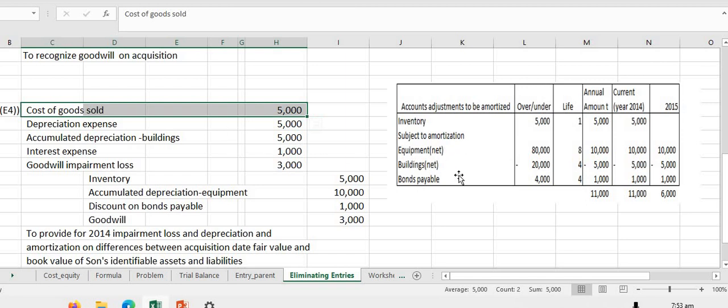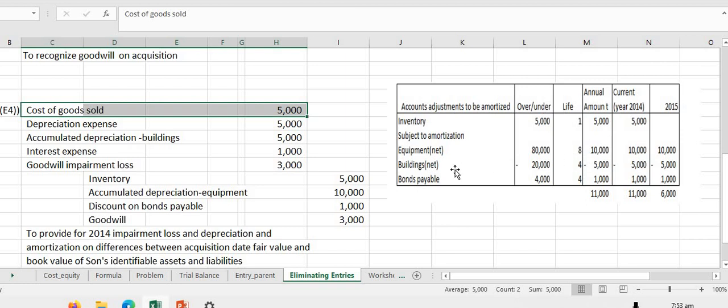However, we have equipment and building. Our equipment is undervalued by 80,000, and its useful life is 8 years, so there is an annual amortization of the excess of 10,000.